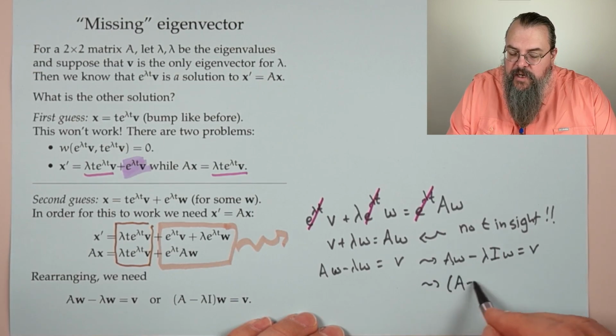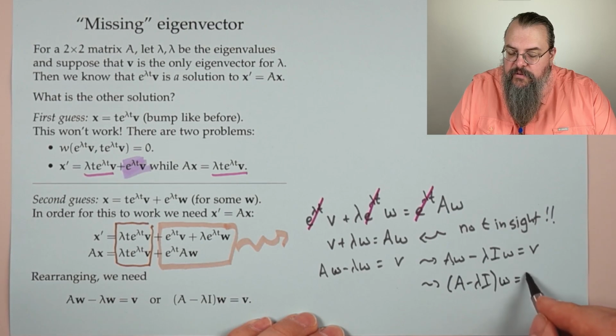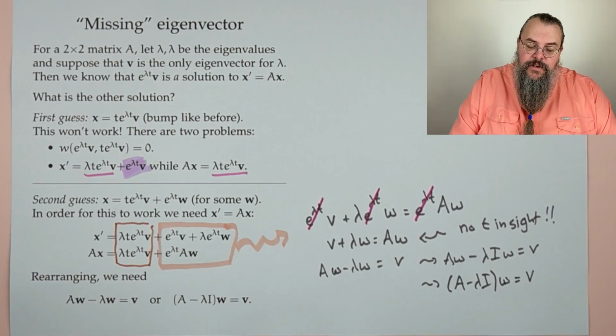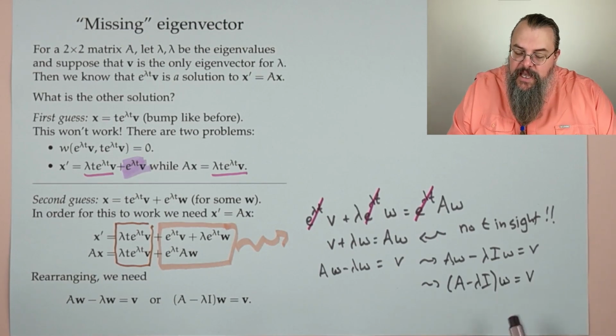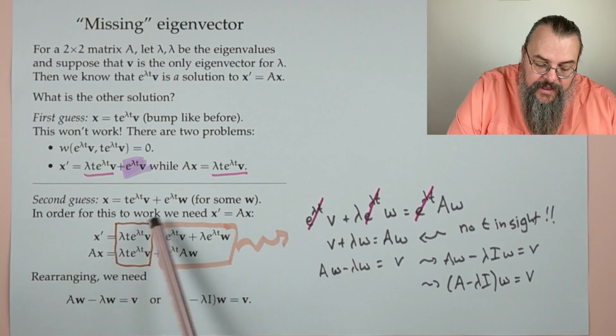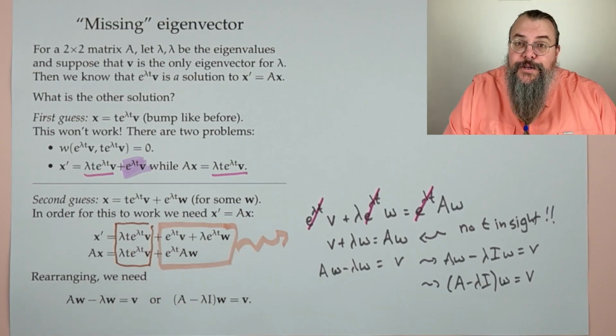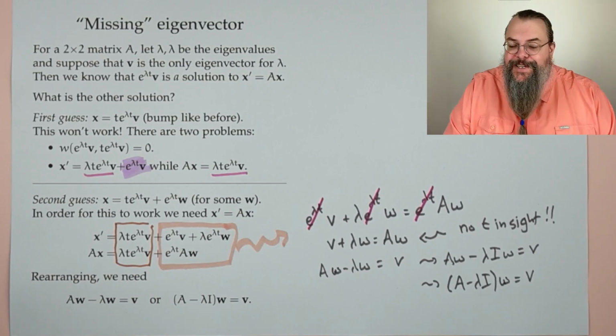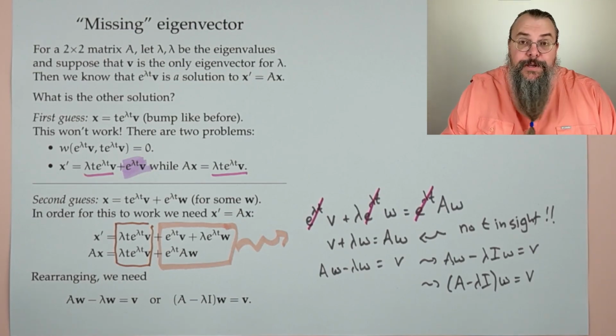So A minus lambda I times w equals v. All right. So, great. So if we can find such a w, then we say this second guess will work. Is there such a w? Great question, and we'll see about that.